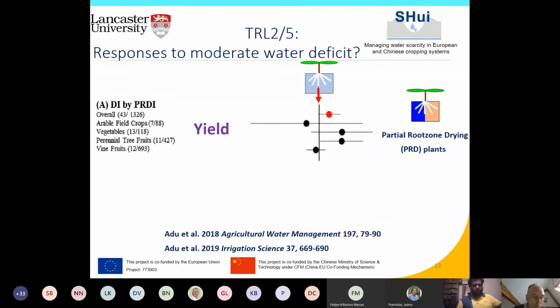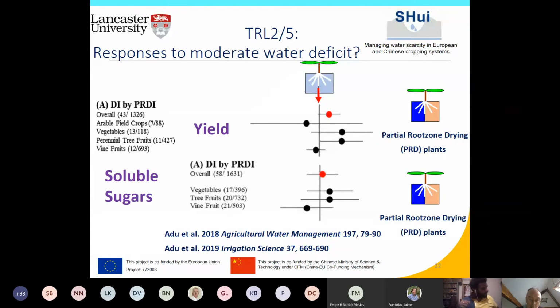Now, more recently, Michael Adu, working at the University of Cape Coast in Ghana, has done a couple of meta-analyses compiling the data since the studies that were done in 2009, comparing partial root zone drying versus deficit irrigation. And this is the consensus response, a slight increment in yield, but obviously considerable variability across the different studies done with field crops, vegetables, tree fruits, and vine crops.